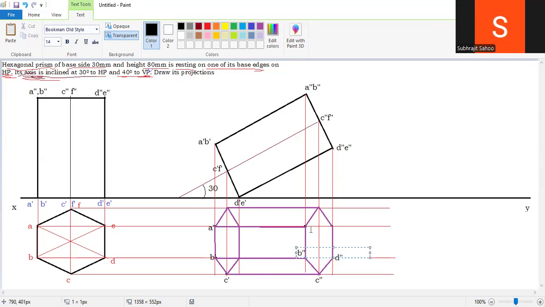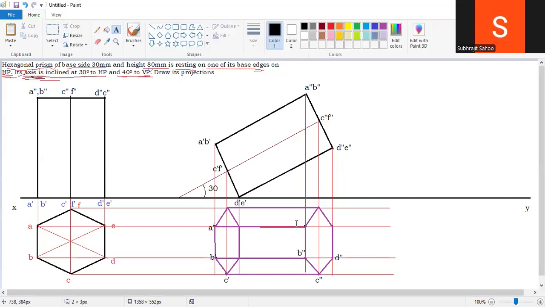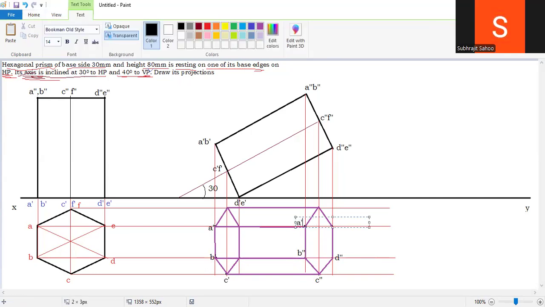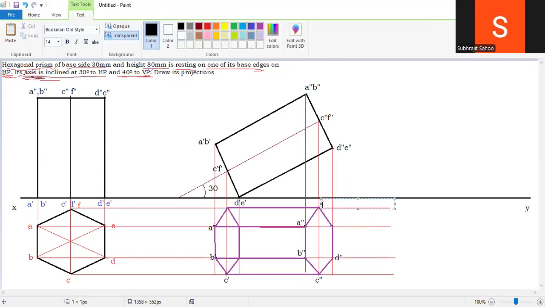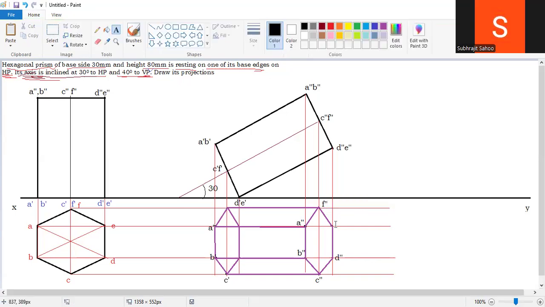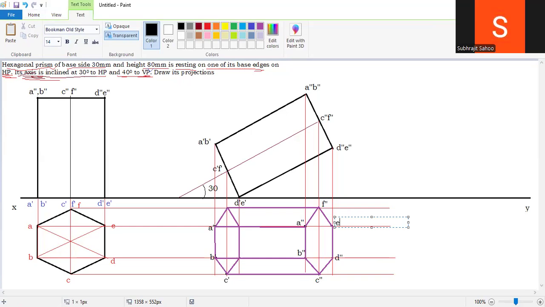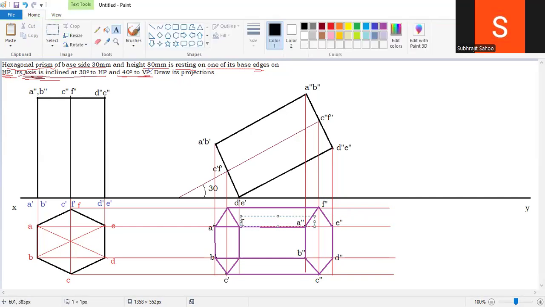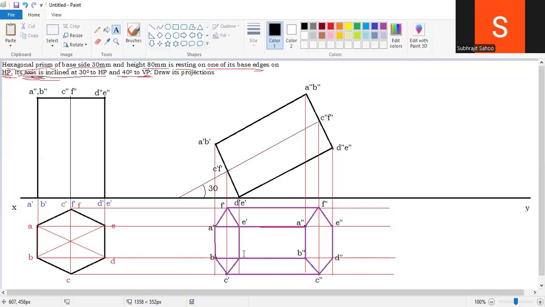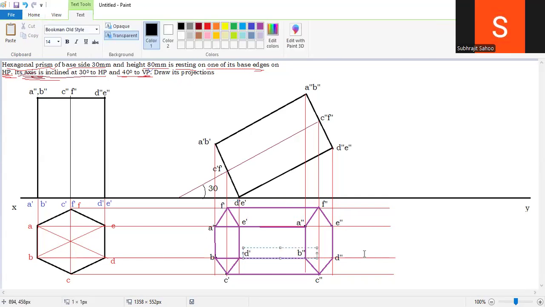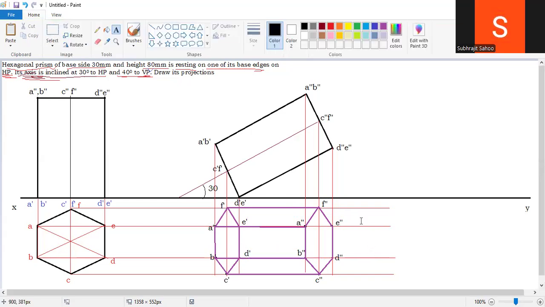That's why, for your benefit only, I am telling. F, F double dash, and finally E double dash, E dash, F dash, D dash. Right? All the diagram and all the dimension naming I have given, or not?